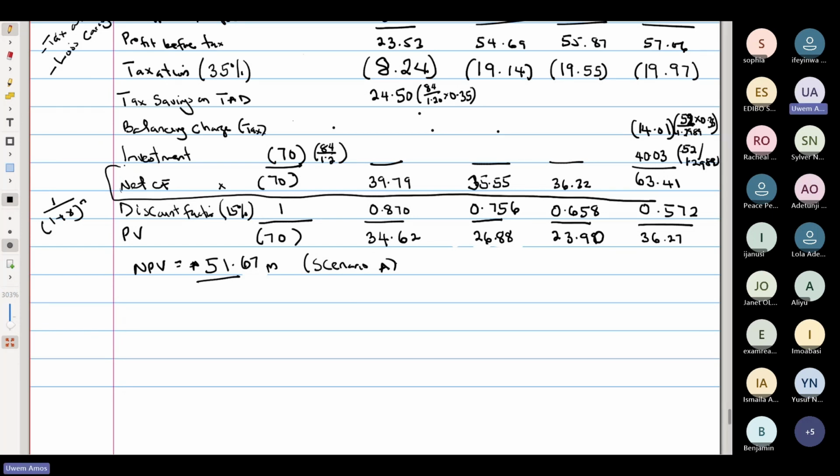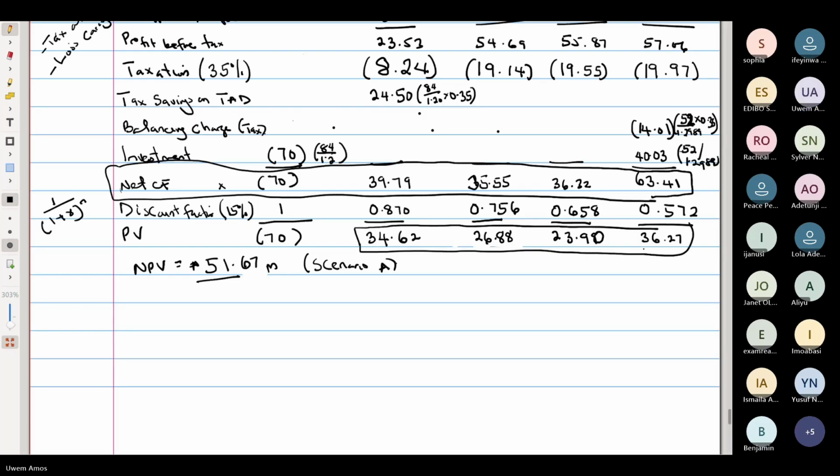So at the end of year one, our net cash flow is 39.79. That's what we got as our net value in scenario A. If the question says calculate the payback period using discounted cash flow, we would use these values, because these are the values that we've applied the discount rate to.